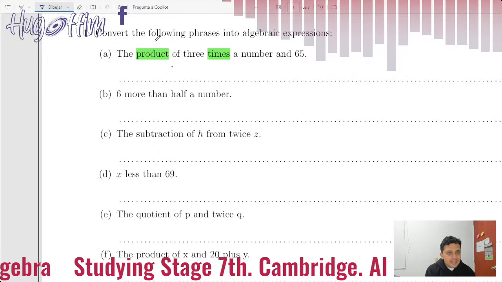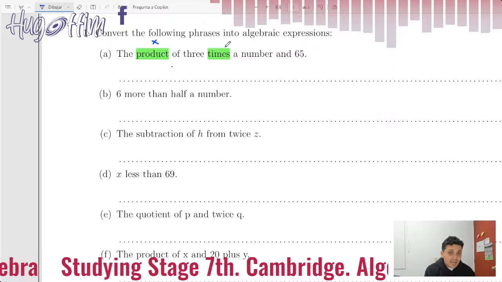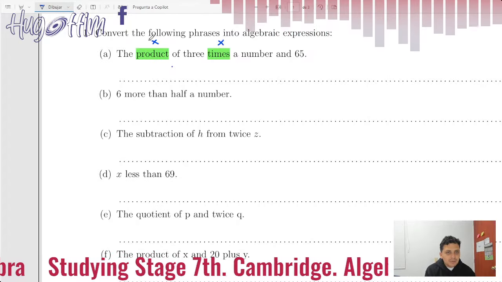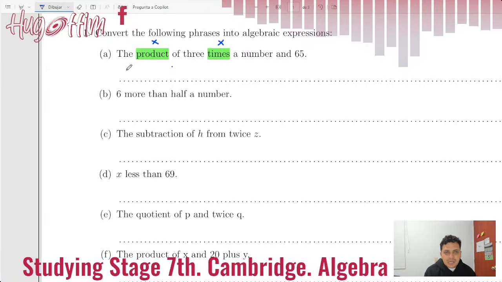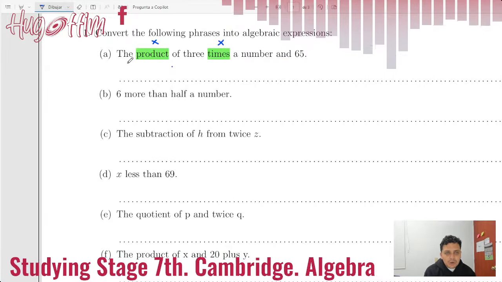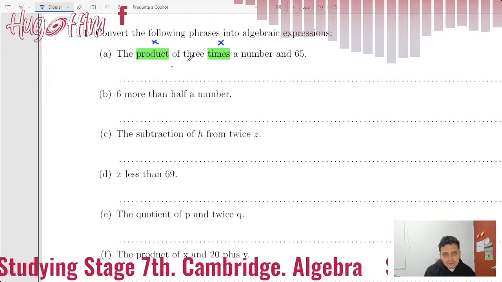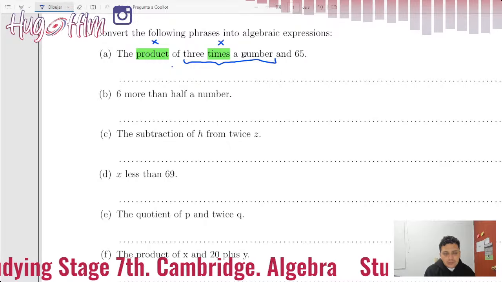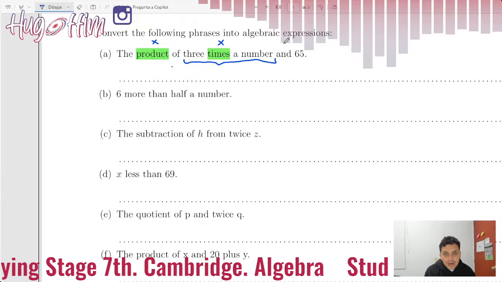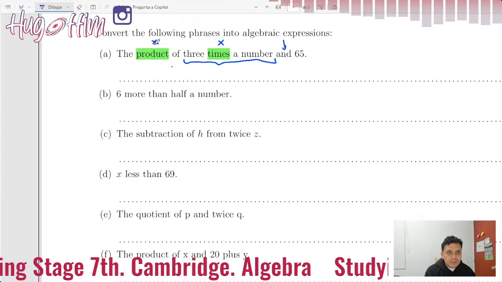Product in this case means times, and times also means multiplication. So we need to multiply 3 times a number, and so it means multiplication.